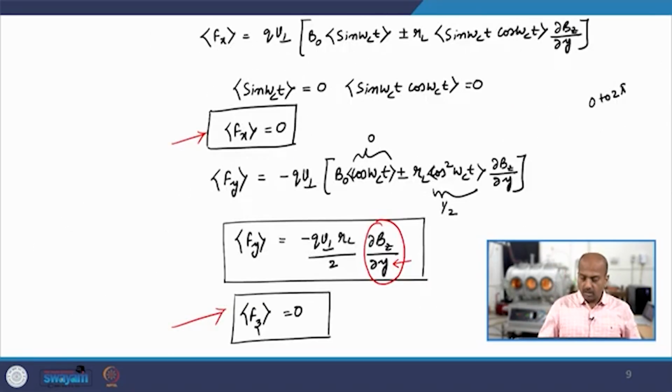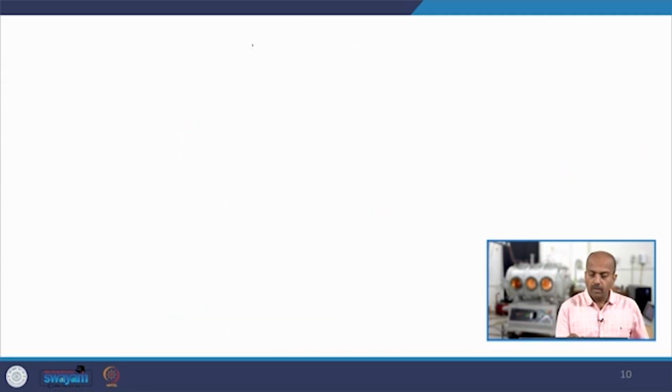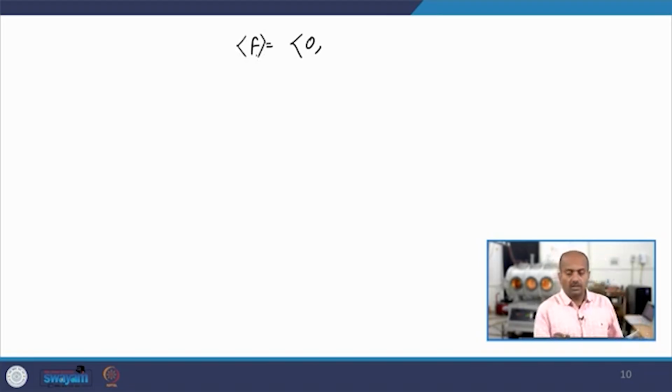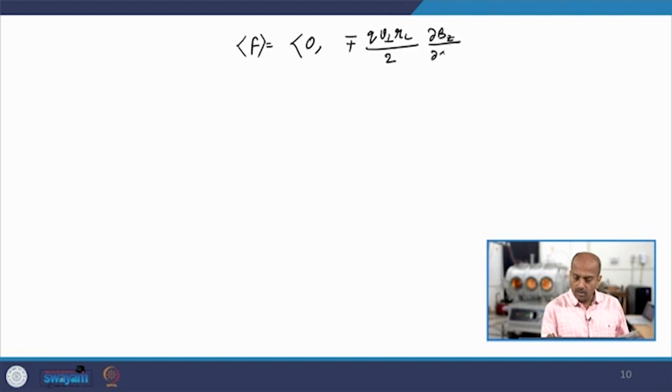If you take the expression for the generalized drift, which is 1 by q F cross B by B square, because of this additional force, we will write F is equal to 0, the average force that the particle experiences within one gyro orbit, equal to q v perpendicular RL by 2 dou Bz by dou y, comma 0.